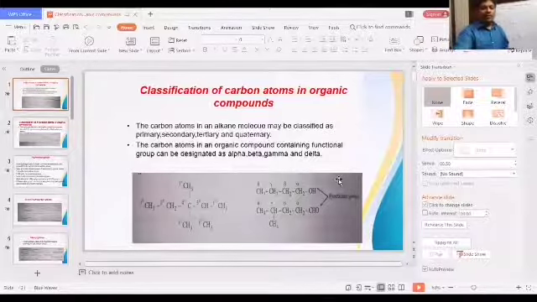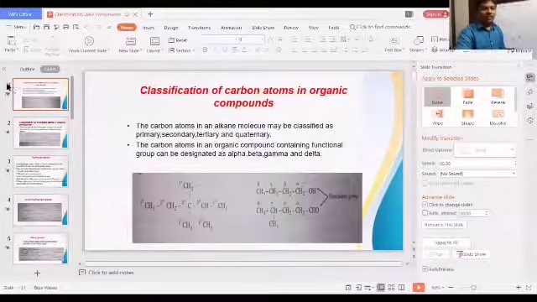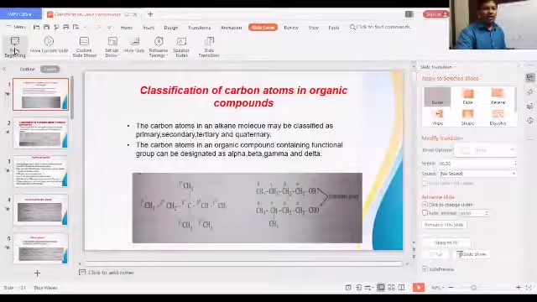So the carbon atom which bears the functional group is taken as the alpha carbon atom. And the carbon which is directly attached to the alpha carbon must be taken as what? Beta carbon atom. So alpha carbon atom, beta carbon atom, gamma carbon atom, and delta carbon atom.